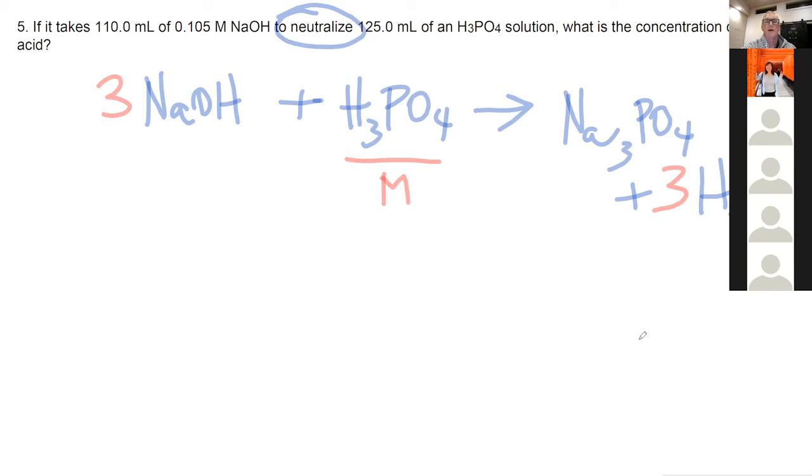To figure out molarity of the phosphoric acid, we need 2 bits of information. We need to know the moles of the phosphoric acid, and we need to know the volume. Well, we know the volume. There's the volume. So all we need to know are the moles. So how are we going to determine that?